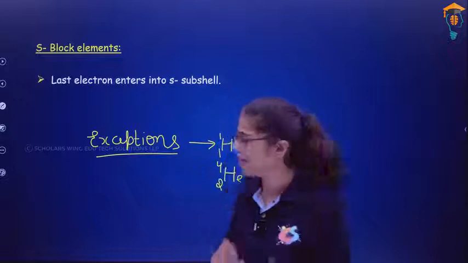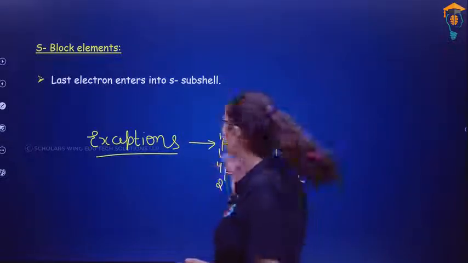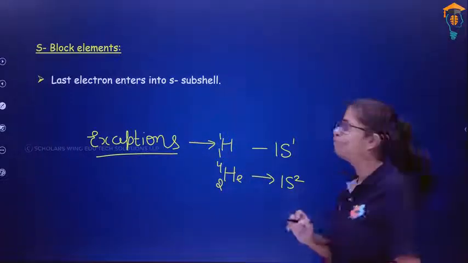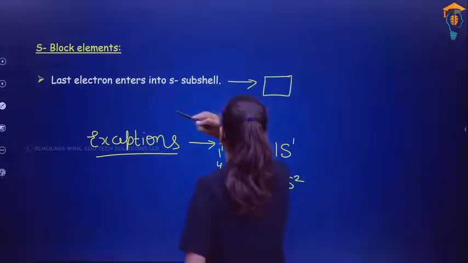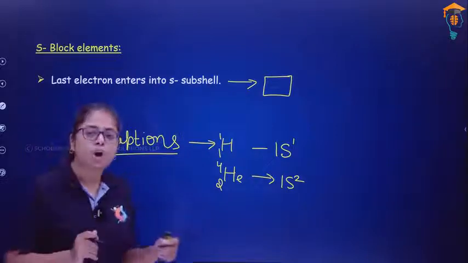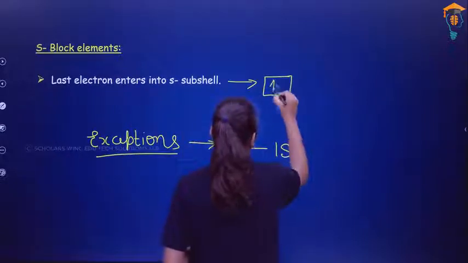No confusion? Now students, how many families can be there in S block elements? Let us discuss. You know that in the S subshell, there is only 1 orbital, right or not? In 1 orbital, how many electrons can be there? Obviously, 2 electrons can be there.